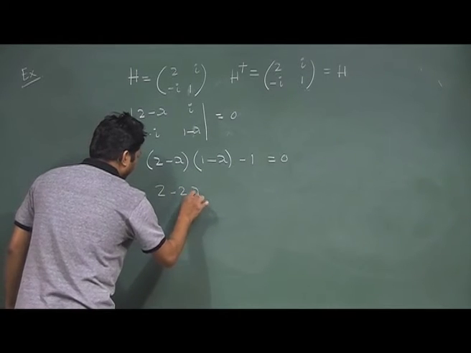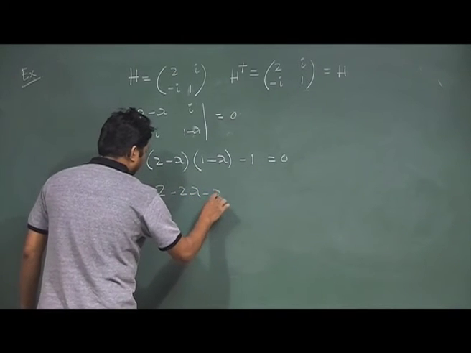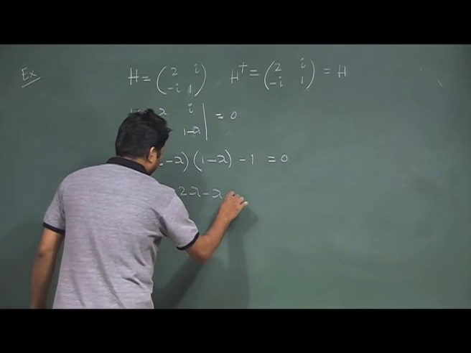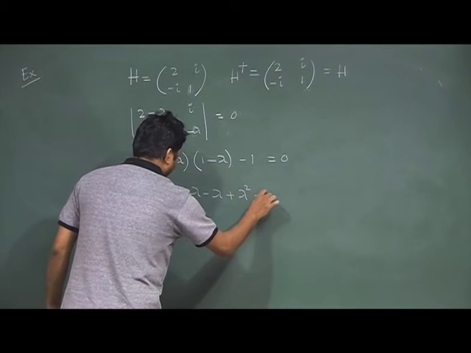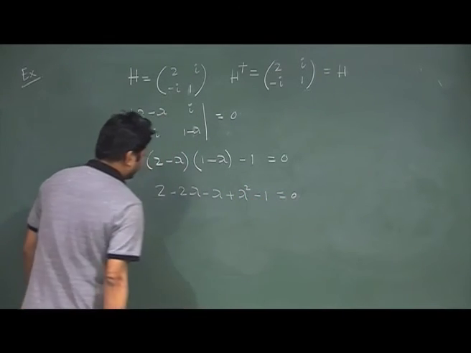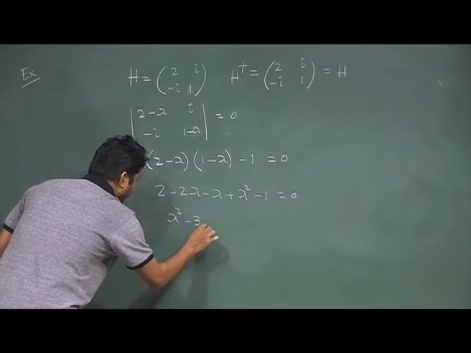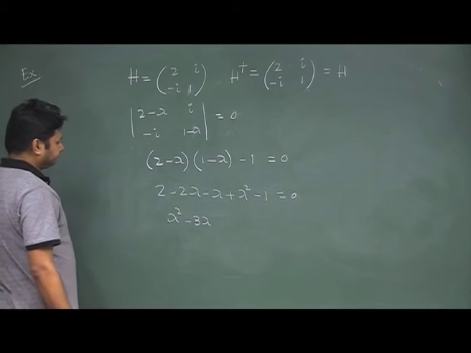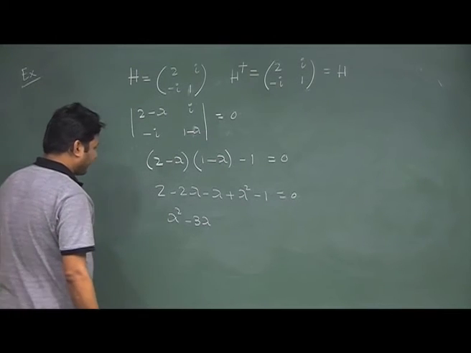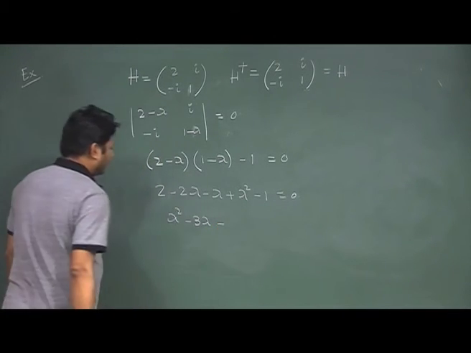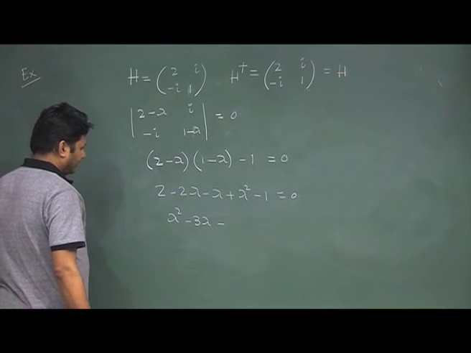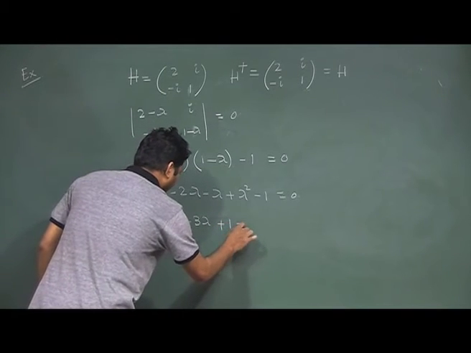So, minus 2 lambda, then minus lambda, then plus lambda square, then minus 1 is equal to 0. Explicitly I am writing that. So, lambda square minus 3 lambda and then plus 1 is equal to 0.